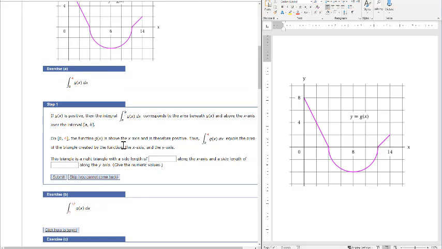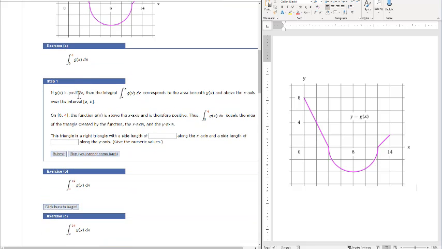Alright, so the integral of the graph from 0 to 4 is our first task. If g of x is positive, then the integral corresponds to the area underneath the curve and above the x-axis on the interval from a to b. On 0 to 4, the function is above the x-axis here.